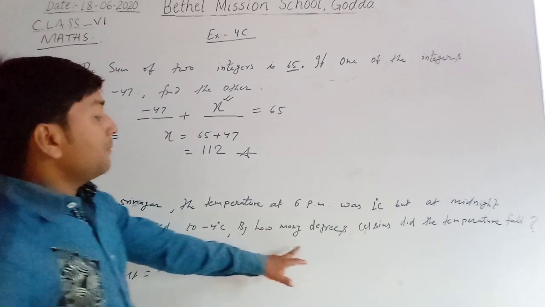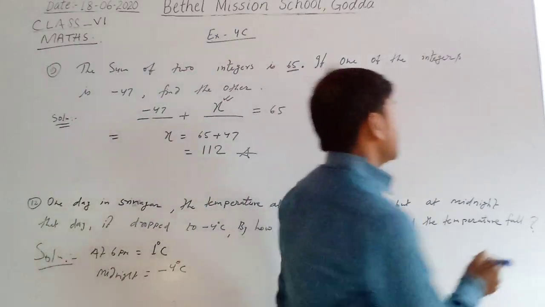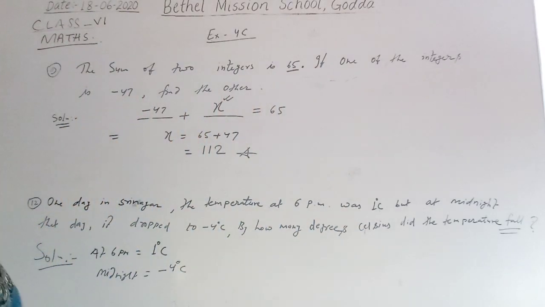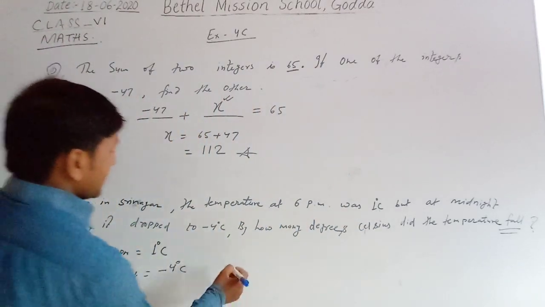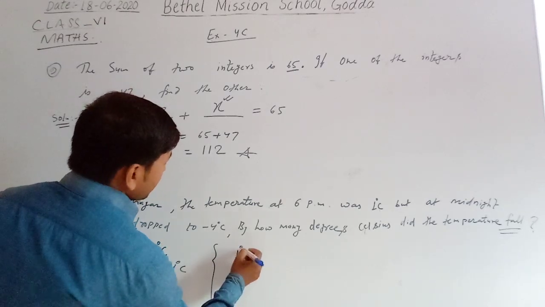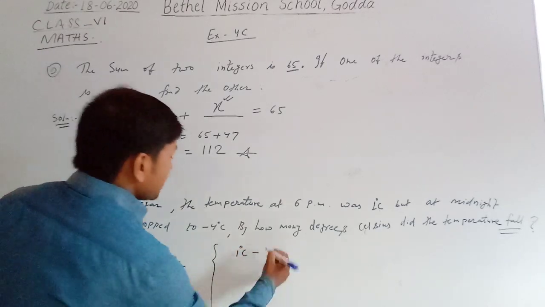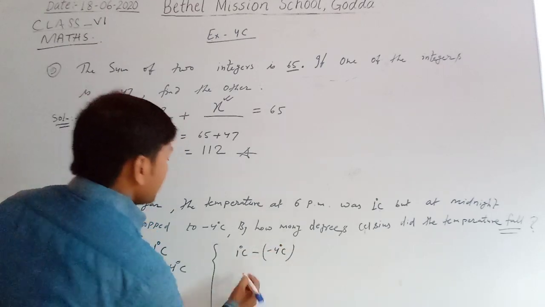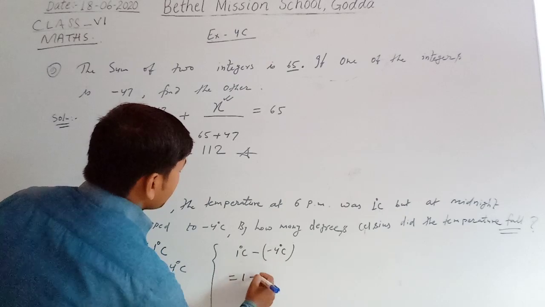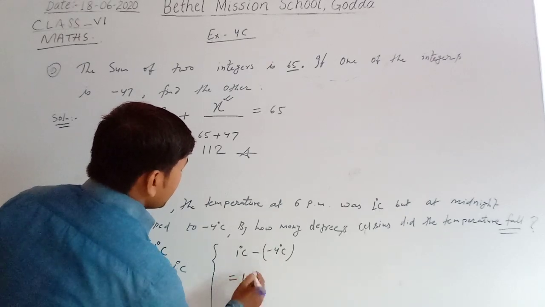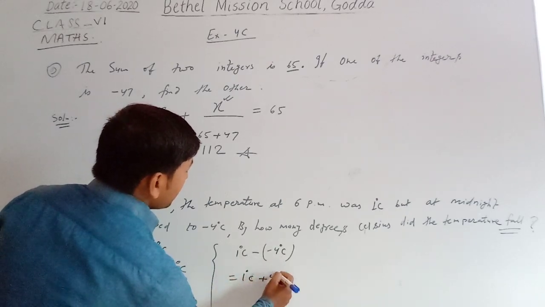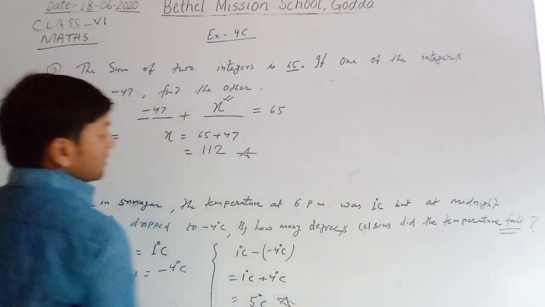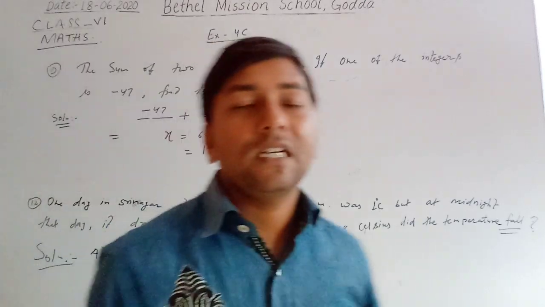So by how many degrees Celsius did the temperature fall? Fall means decrease. First it was 1 degree Celsius, and it decreased to minus 4. So 1 minus minus 4 becomes 1 plus 4, which is 5 degrees Celsius.